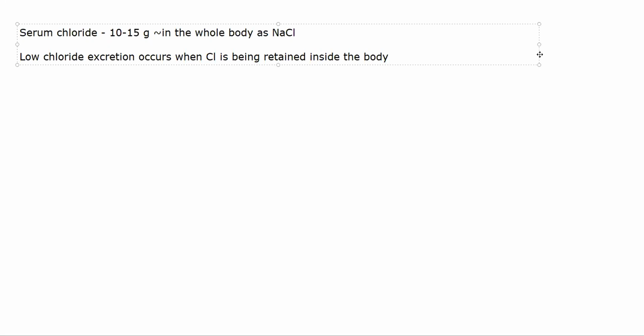In normal conditions it is not that much of a problem, but if you profusely sweat for the whole day or for a significant part of the day, that is when chloride and sodium chloride excretion will be excessively high, and if you're not consuming enough of it through food, it will create a significant problem.